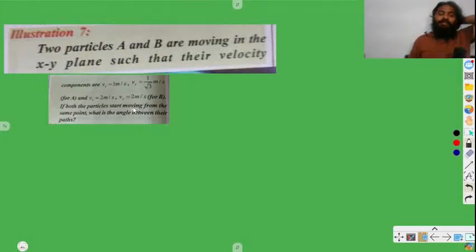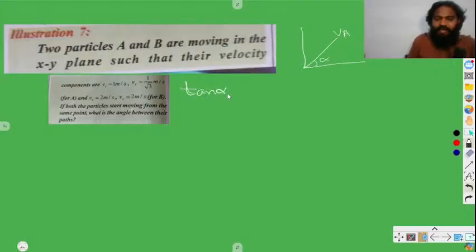Now here, first, if you want tan alpha, what is tan alpha? Consider, for example, this is the y axis, this is the x axis. If this is the velocity of the first particle, Va, and it is making an angle alpha, then tan alpha equals Vy by Vx.